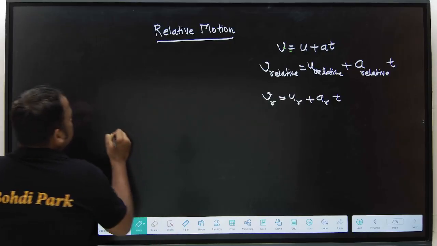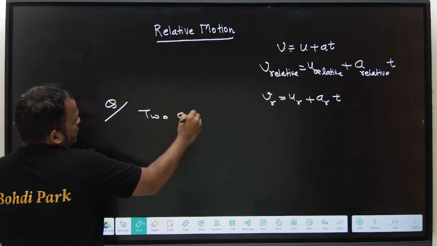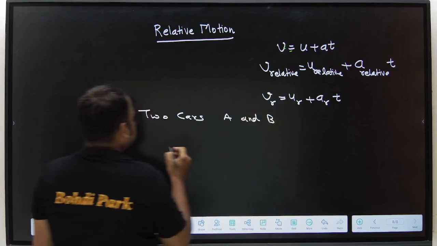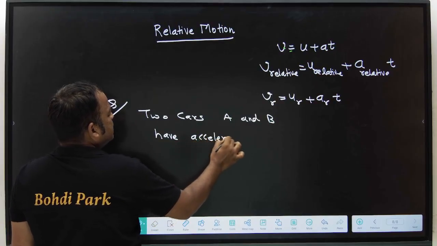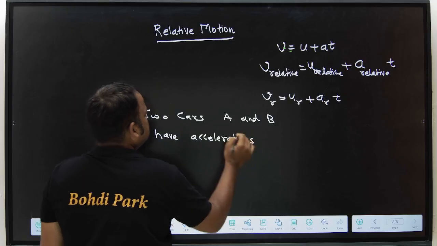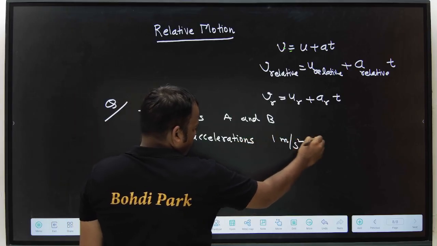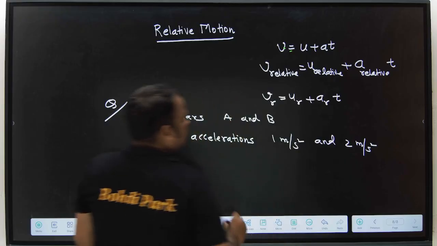So suppose in a question they are saying two cars A and B have accelerations 1 meter per second square and 2 meter per second square.